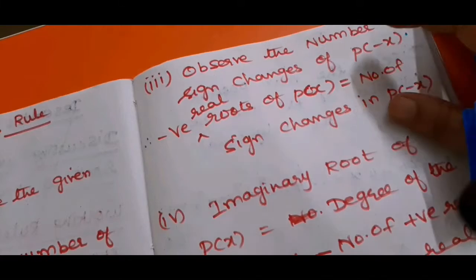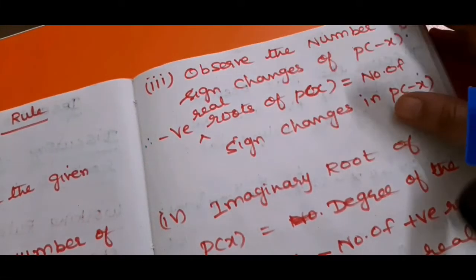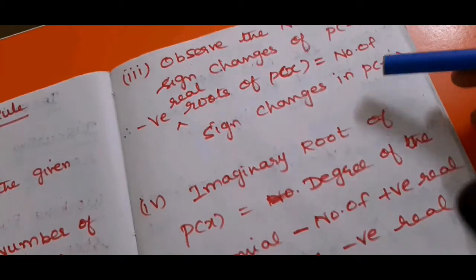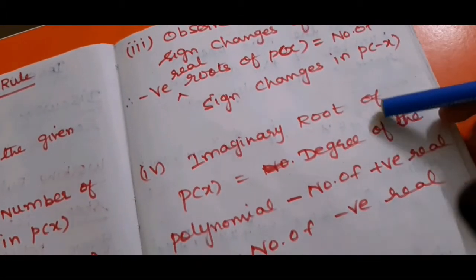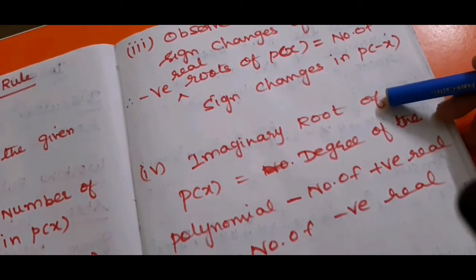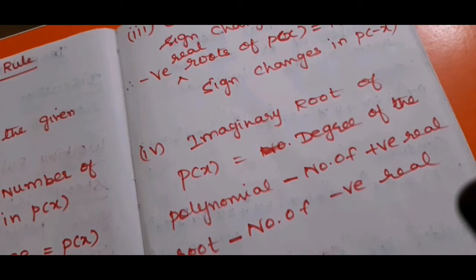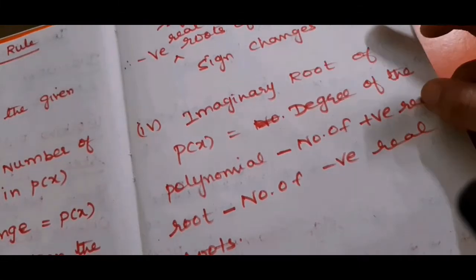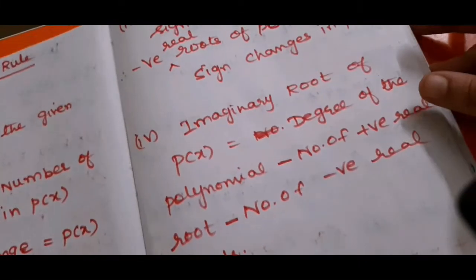The negative real roots of p of x equal the number of sign changes in p of minus x. Then for imaginary roots, take the degree of the polynomial minus the number of positive real roots and the number of negative real roots. This is a very simple and easy method.